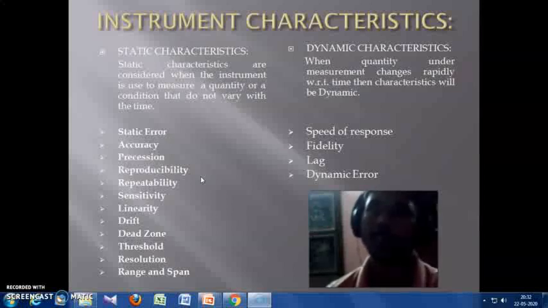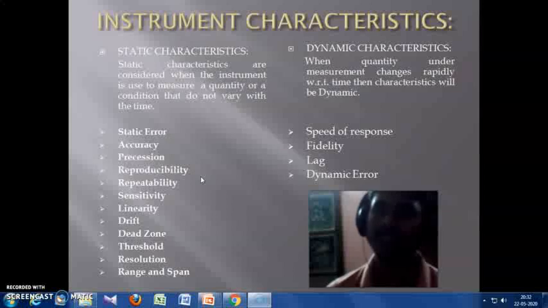And resolution: for a particular instrument, it is the smallest increment that can be measured. The resolution should be very good, so that we can measure very small values of a variable.